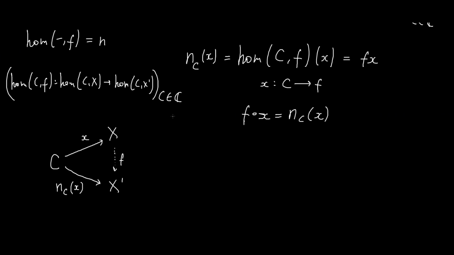I thought f would be hom CF, but as you just said, that doesn't make sense, because hom CF is a function and f is a morphism in the category. Oh yes, okay, I see. We want f to behave the same way as hom CF. Yes, that's what we wrote here. But now we want to find f, an actual morphism in the category.